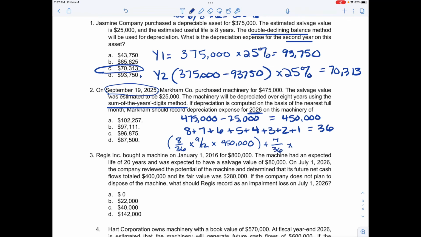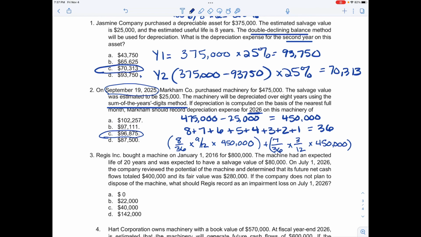That's going to account for the other 3 months of that year. And we're going to multiply that by our depreciation base. And if I add those two numbers together, I should get C, the 96,875.